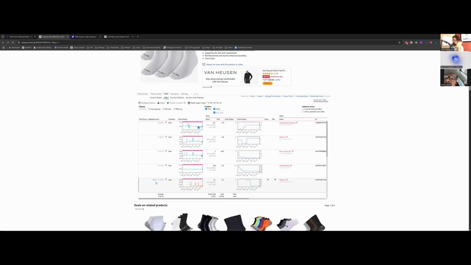The Prime badge is for FBA offers, and no, it's not the cheapest, but this one would be the cheapest of the FBA listings, which means that it's FBA offers that are shipped by Amazon. Okay, and whereas the ones above, those are FBM. Exactly. Where they ship it themselves.